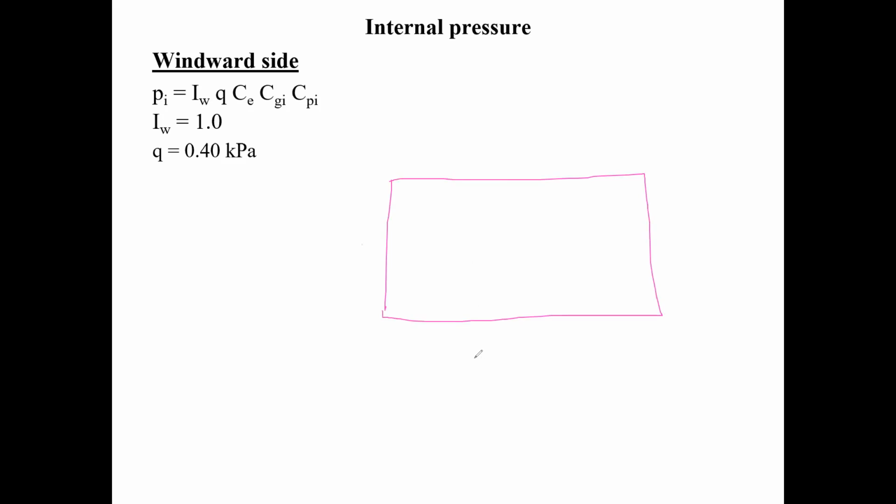Would anybody know why we don't do it for the primary structure? First of all, can you explain what primary structure means? In other words, this is your primary structure, and I want to calculate the lateral bracing system for this structure.